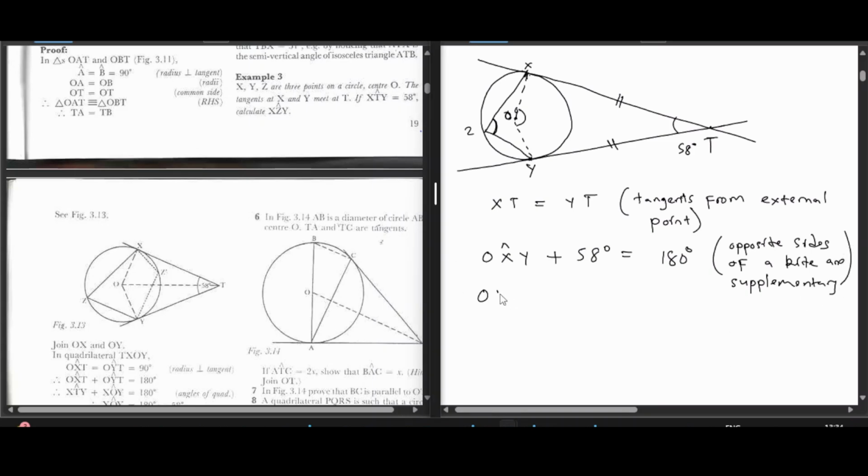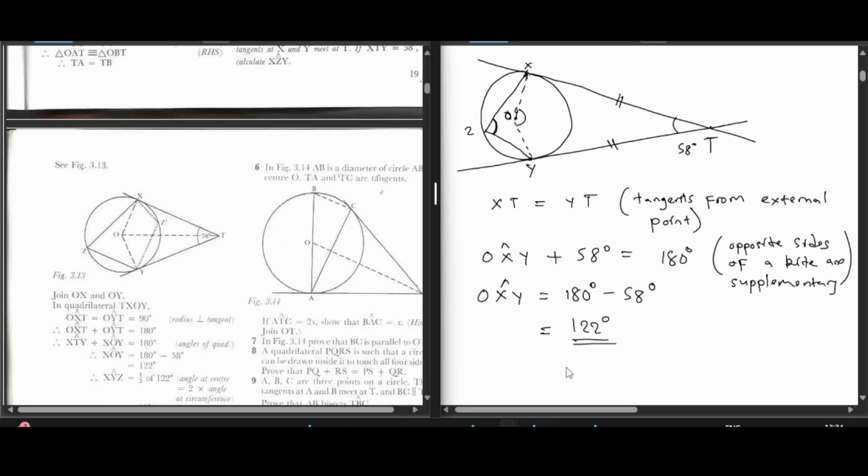Saka OXY inge equal to 180 degrees subtracting 58 degrees. What do we get? This is equal to 122 degrees. Taona kuti panapa it's 122 degrees. Then we should know kuti angle yatiri kutsvaga XZY inenge iri equal to half ye angle iri pakati apa XOY.